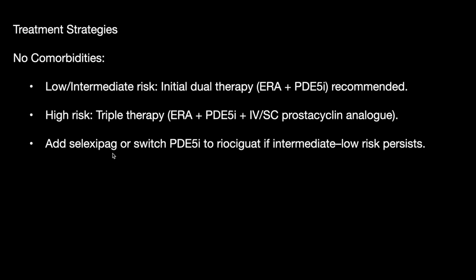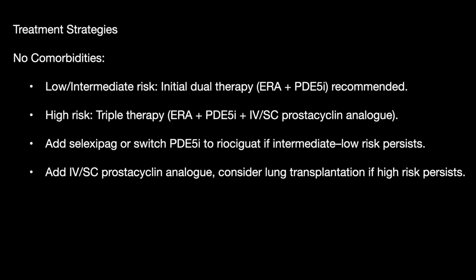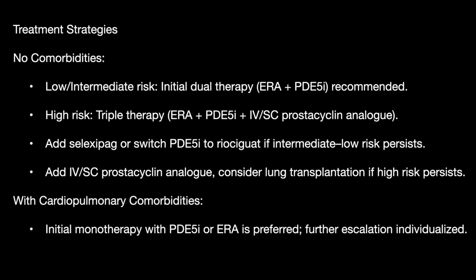Add selexipag and switch phosphodiesterase 5 inhibitor to riociguat if an intermediate low risk patient persists, meaning you cannot go down to low risk. Add an IV or subcutaneous prostacyclin analog and consider lung transplant if high risk persists. For patients who have cardiopulmonary comorbidities, start with a monotherapy with phosphodiesterase inhibitor or ERA.